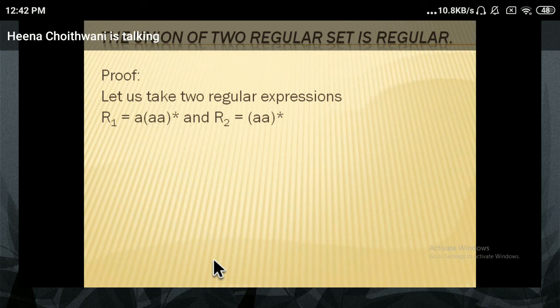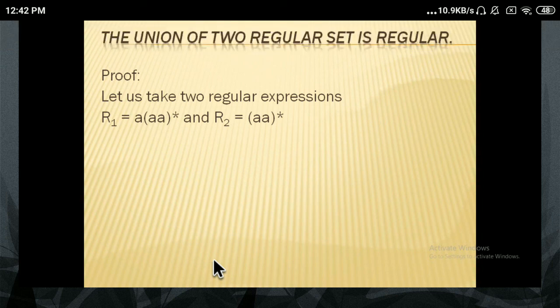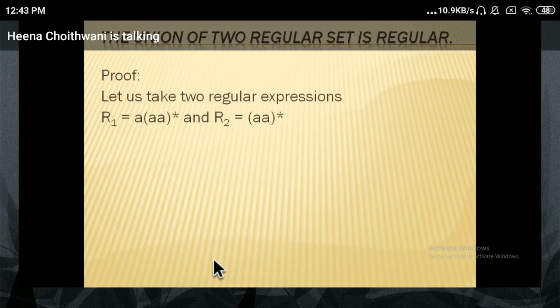R1 will have strings of A in odd length and R2 will have all possible strings of A in even length. If we take the union of both, our answer will be A star, all possible strings of A, and that is already a regular expression by the rule.